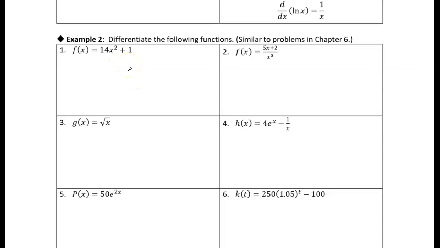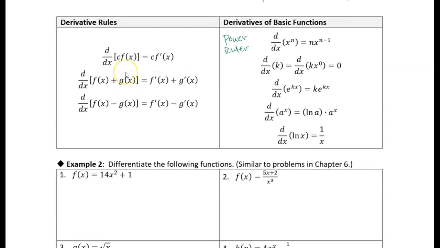I might want to keep these rules up here for now anyway. We're going to use the power rule, and we've also got a constant multiple of a power function. So we're going to have the 14 times the derivative of x squared, which is going to be 2x. I'm bringing the n, which is equal to 2, out front and then decreasing the exponent by 1.